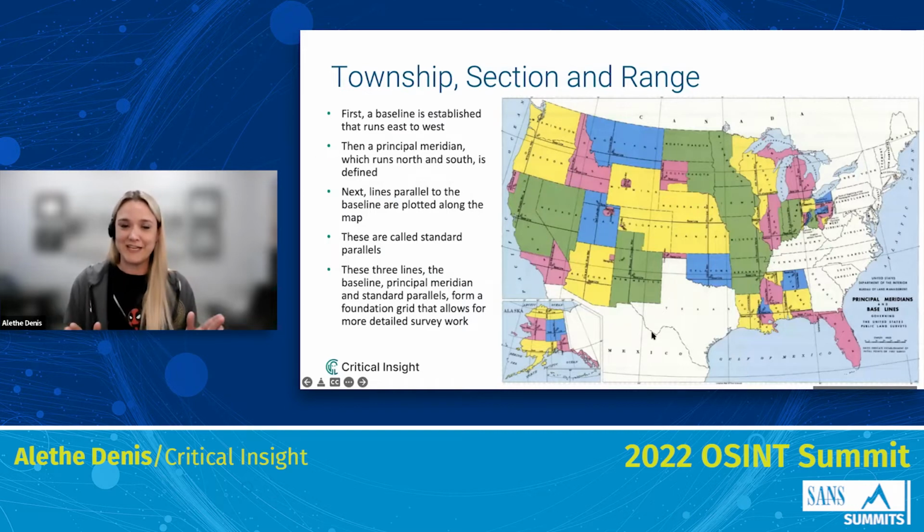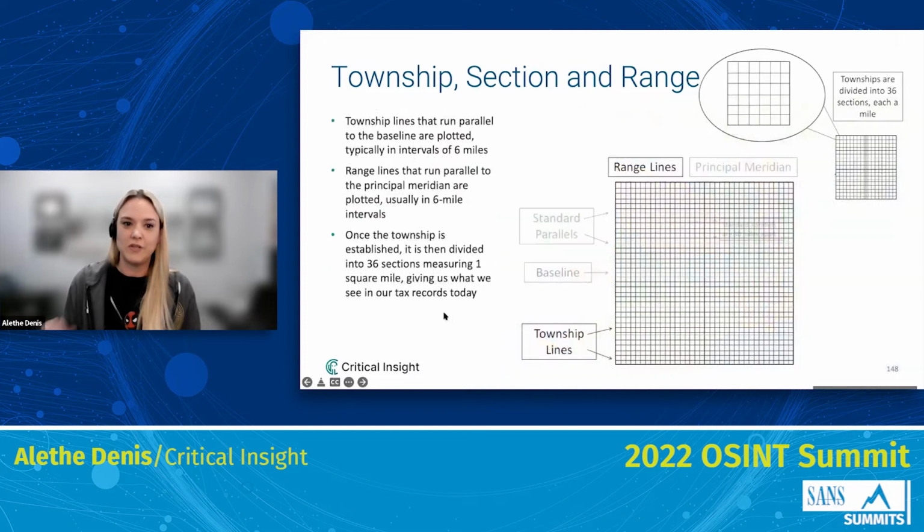Essentially, each state is split by a meridian and a baseline, a median and a horizontal. And from that center point, every other piece of property in the state is divided into smaller and smaller grids of properties. Each of these 1 mile by 1 mile squares, which is the smallest measurement, are referred to as a township, section, and range along that grid in each state.